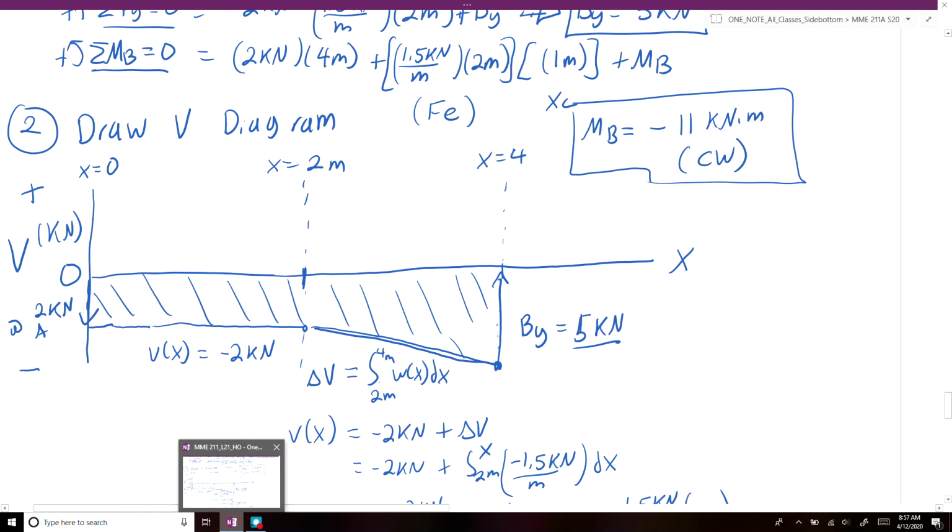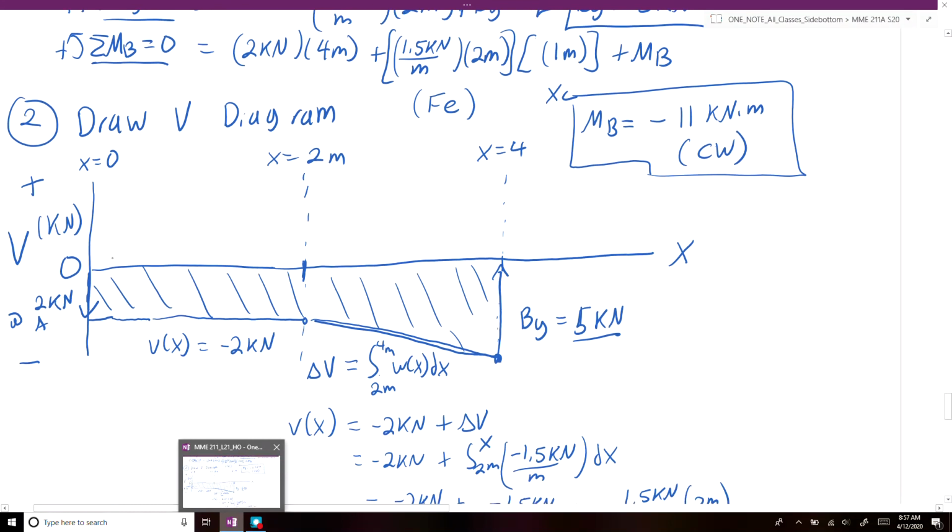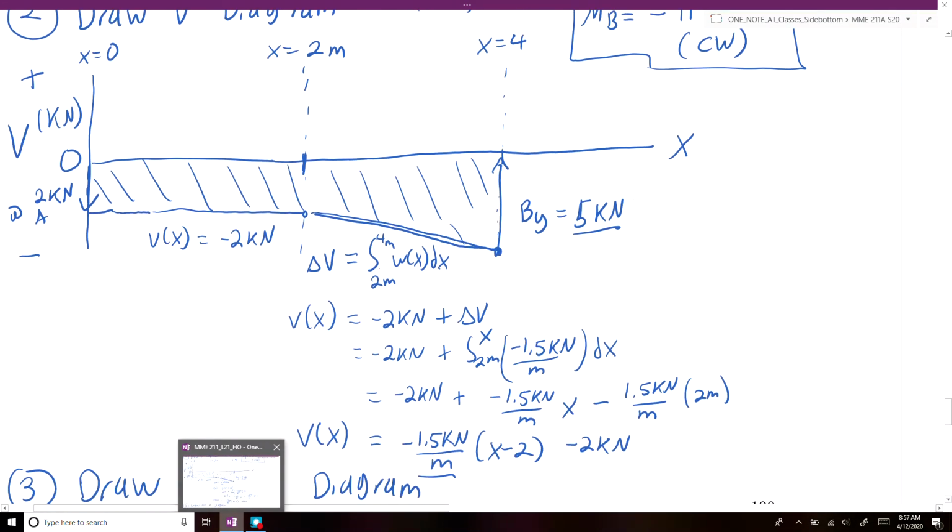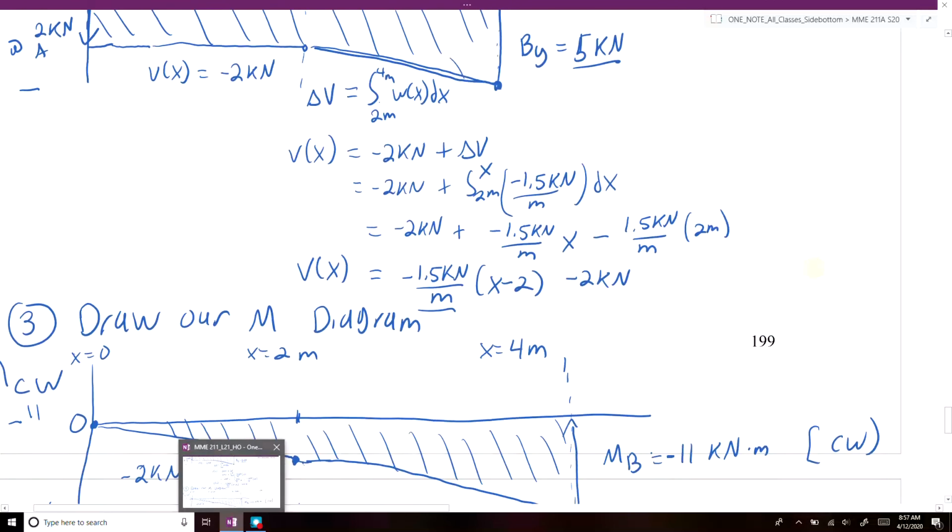So we knew that our shear force should be constant after our concentrated force is applied, and then from 2 meters to 4 meters, V of x would be equal to the value of the shear force at 2 meters plus the change in V along the section. So when we did that, we ended up getting V of x equal to minus 1.5 kilonewtons per meter times x minus 2, minus 2 kilonewtons.